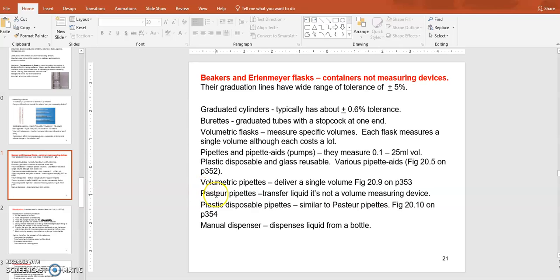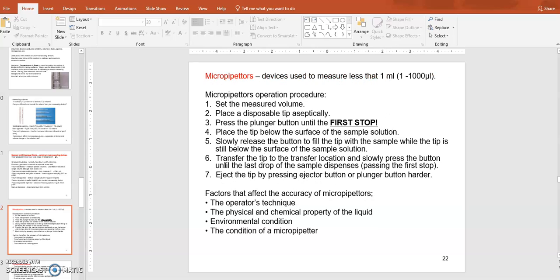But Pasteur pipettes are not volumetric devices. Okay, so there are different kinds that you can use. Even the micropipettes are another type of volumetric device. So speaking of micropipettes, you will be using them a lot because you will have to measure very small volumes in your lab.